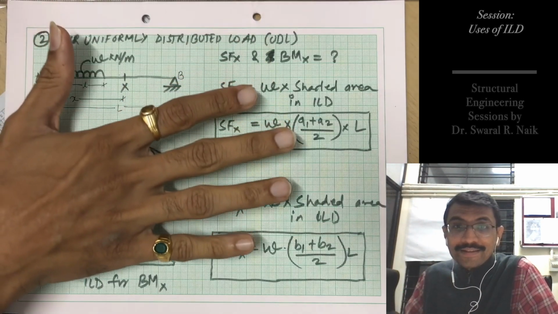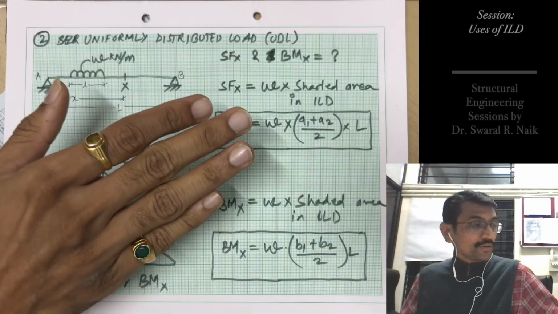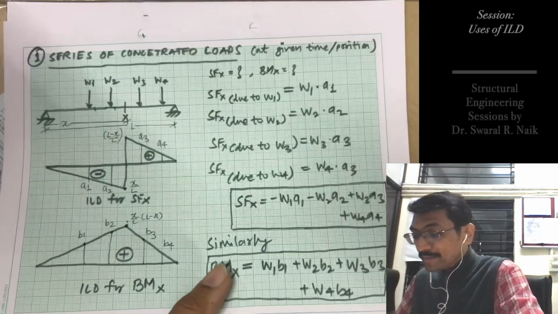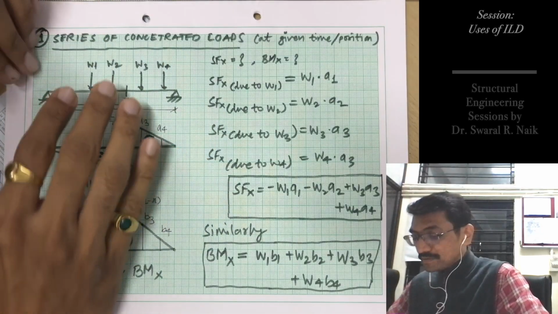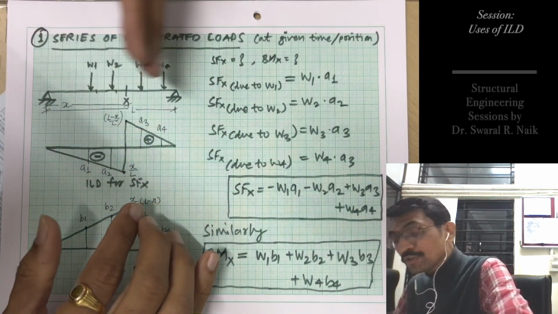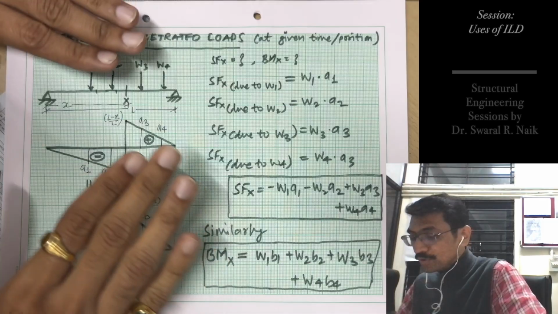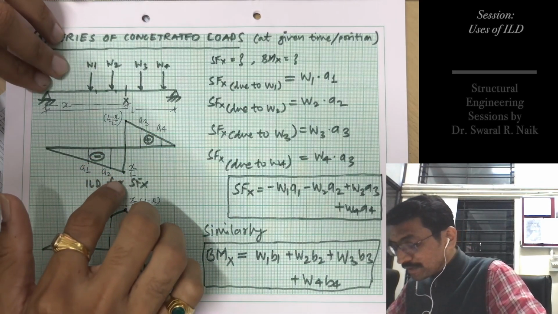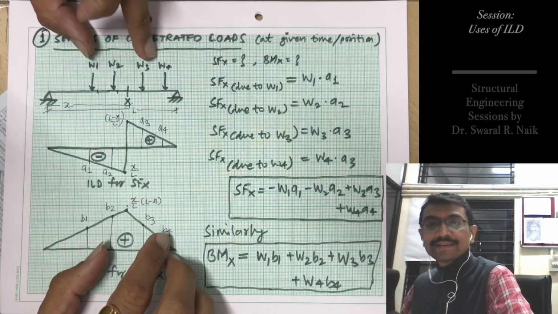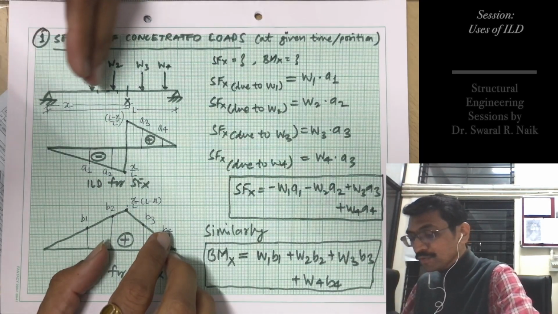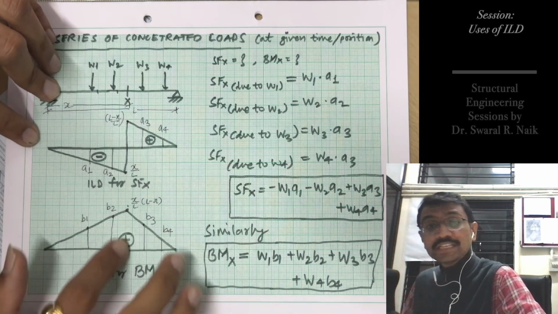This is the major use of influence line diagram when you are photographing your load at some position. Load is in continuous movement, but when you want to calculate the value of your function SF or BM at a given position of load. So when load was moving from here to here, constantly these values are changing.